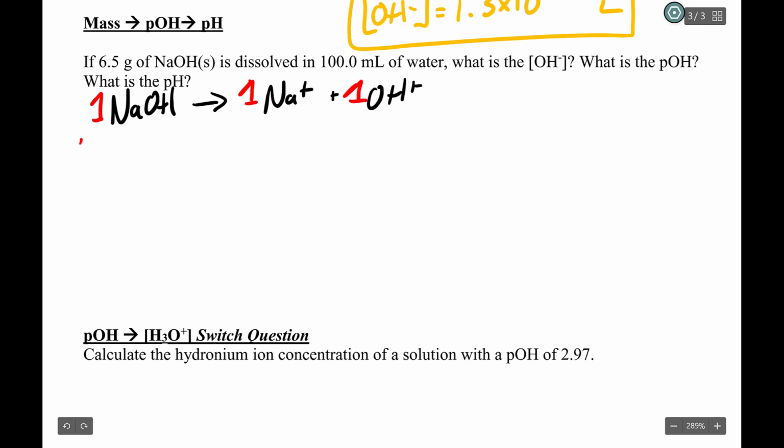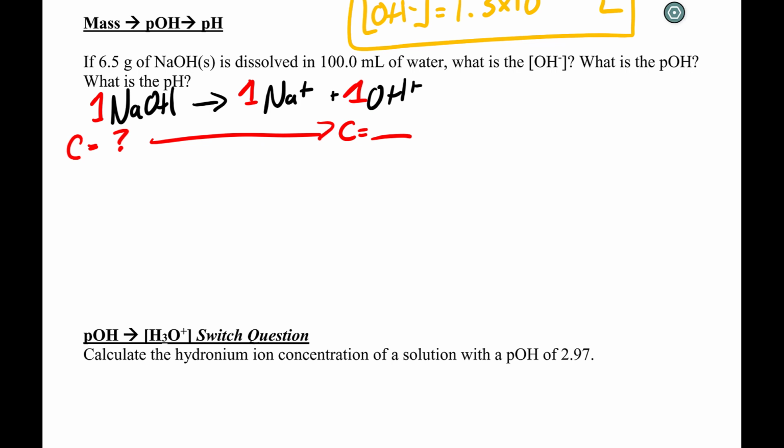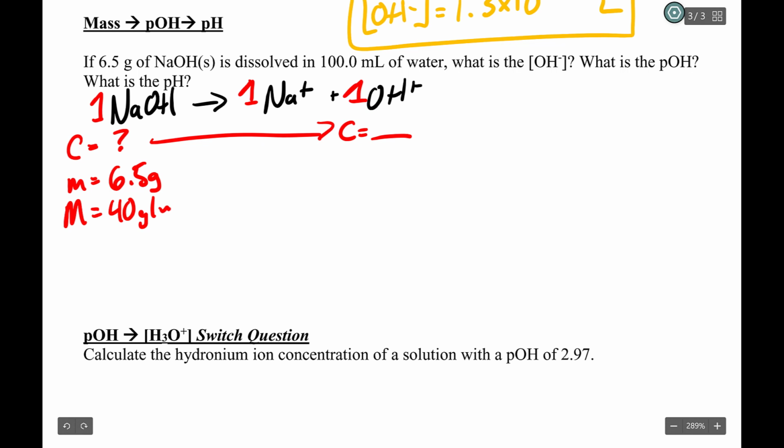So if I know the concentration of sodium hydroxide, it is equal to the concentration of hydroxide. So we have a few things. First of all, the mass of sodium hydroxide is 6.5 grams. Now, in order to get moles, I'd have to figure out the molar mass, and the molar mass of sodium hydroxide is 40 grams per mole.